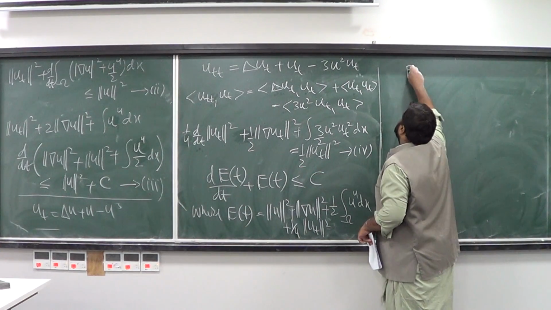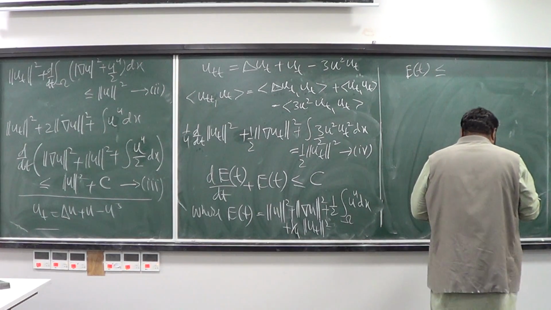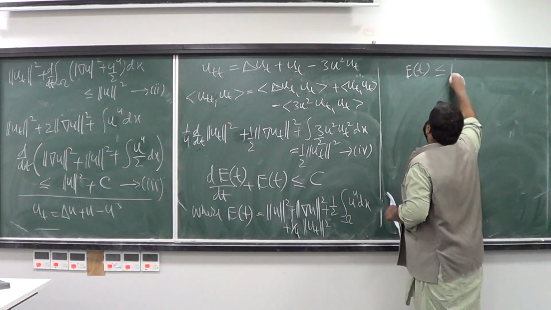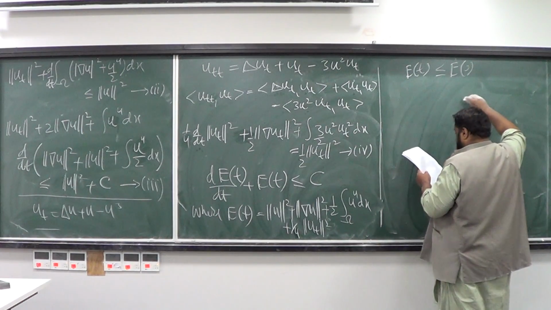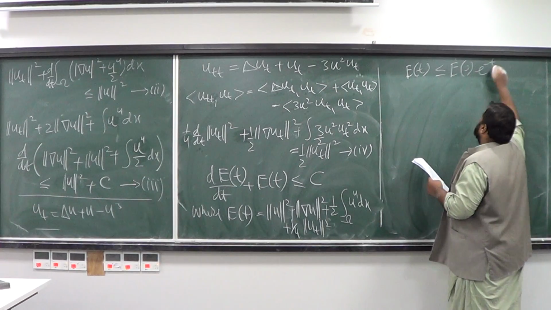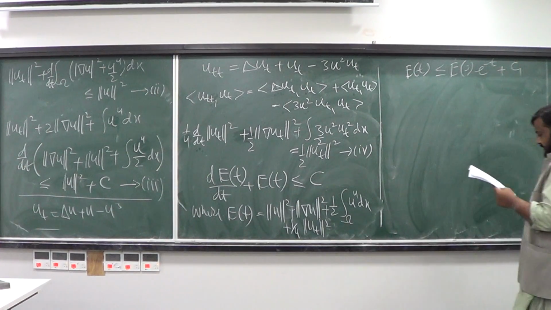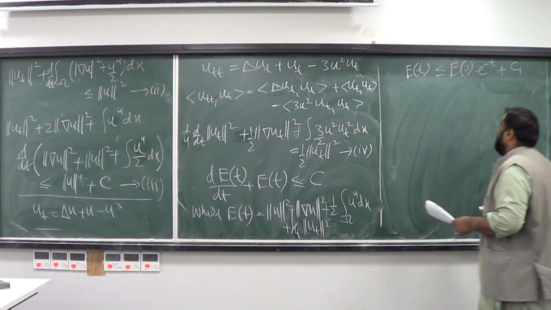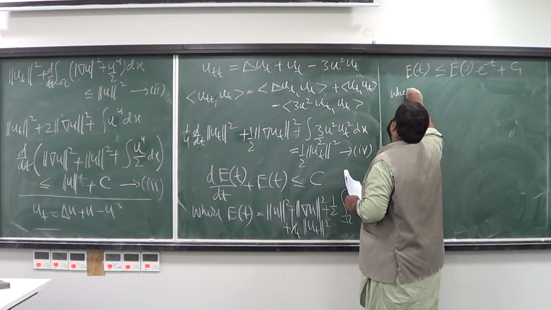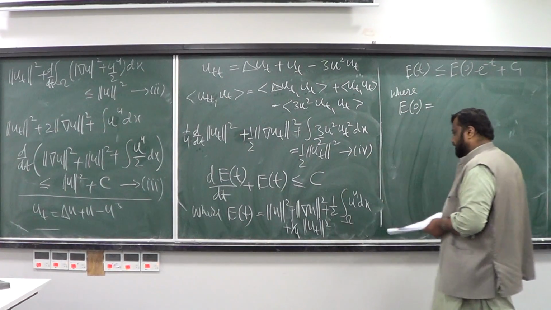When you solve this inequality, E of t is going to be less than or equal to E of 0 times e to the power negative t, plus a constant C1. Where E of 0 is what?